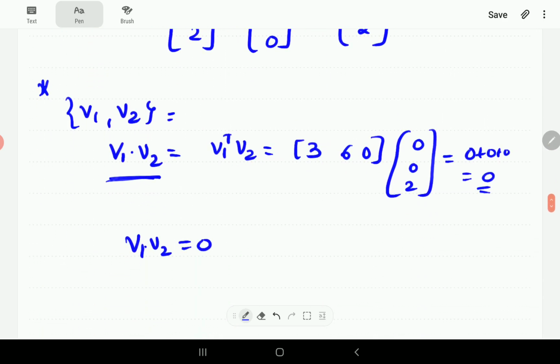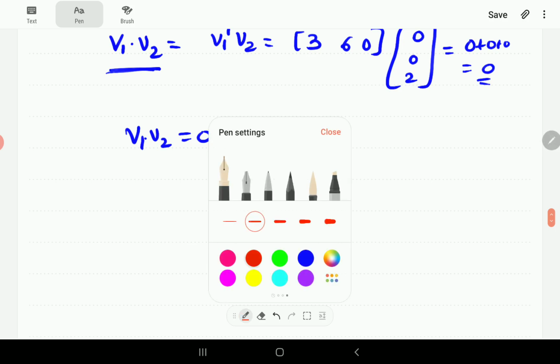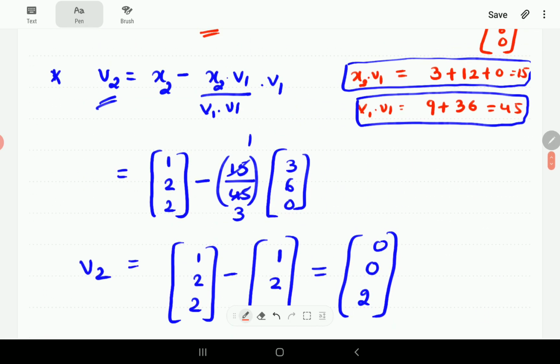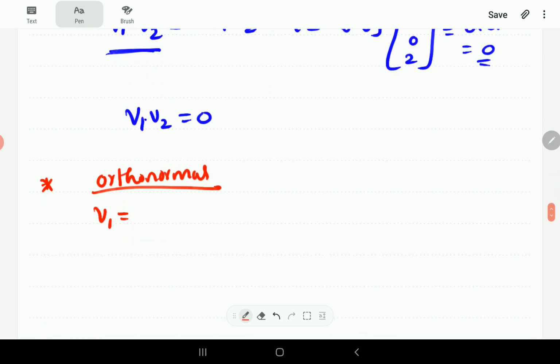Now I'll continue this example a little bit. If they ask you to find the orthonormal basis instead of orthogonal, how do we convert them into orthonormal? Whatever v1 and v2 we have got, v1 in this case is 3, 6, 0.